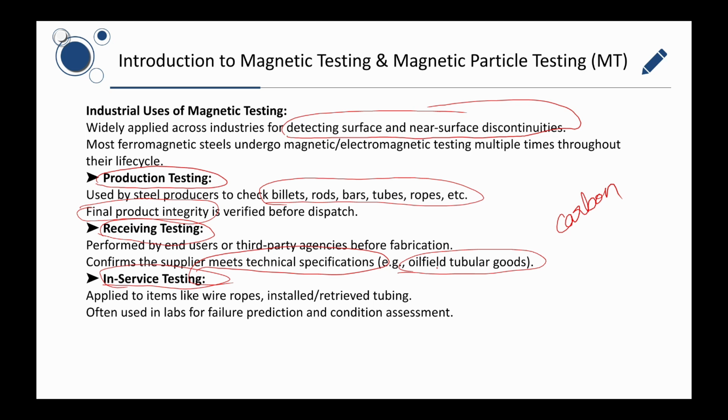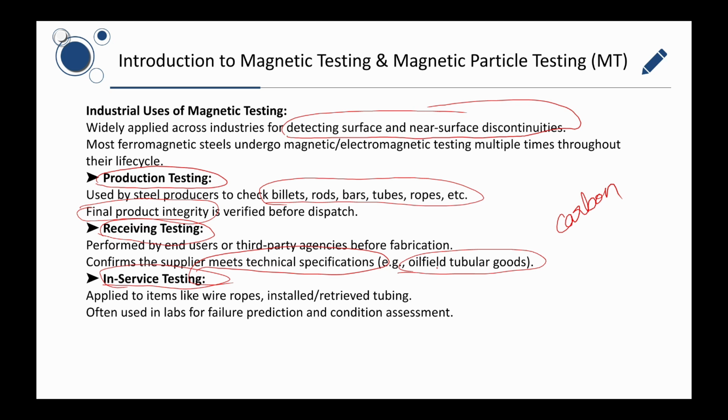Next, we'll see in-service testing. In-service testing means to inspect components during service or after use to ensure continued safety and reliability. Where are these in-service tests used? On wire ropes, installed tubing, retrieved oil-filled tubular goods and other steel structures.